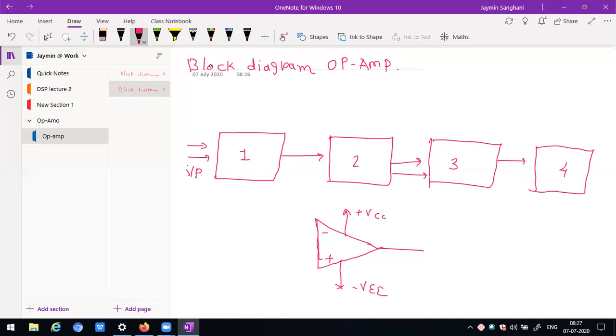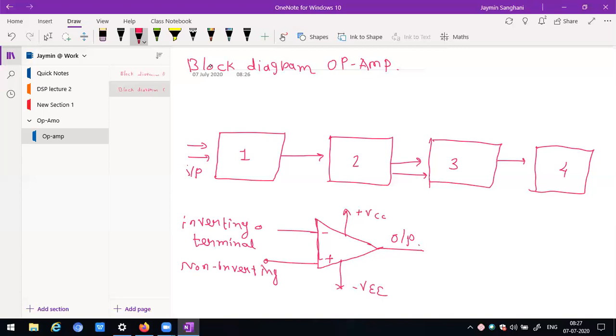Here it is known as inverting terminal, here non-inverting terminal. So basically there are three terminals: two are input terminals and one is the output terminal. Here inverting, here non-inverting, and here output.